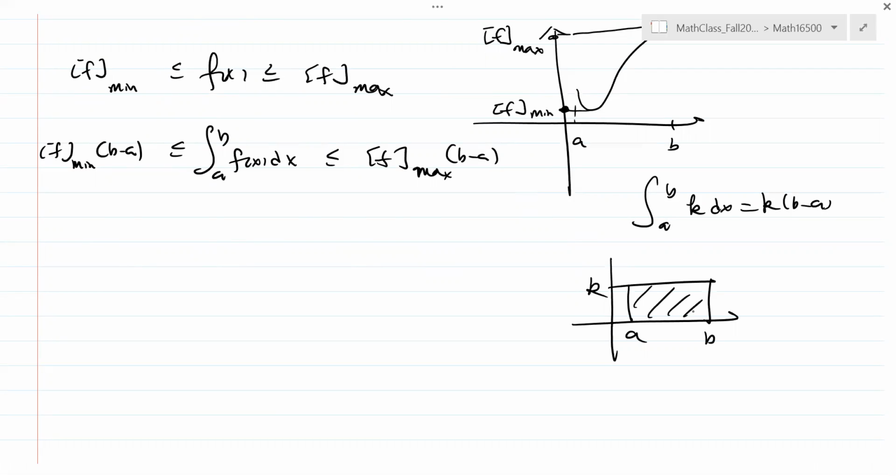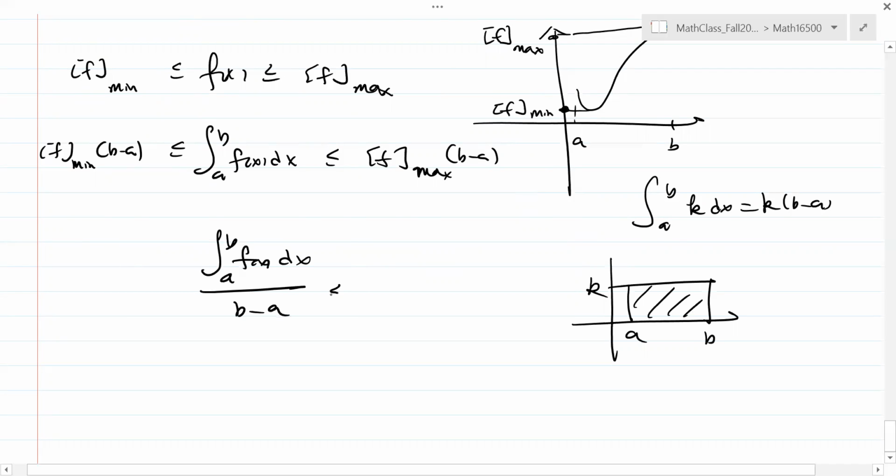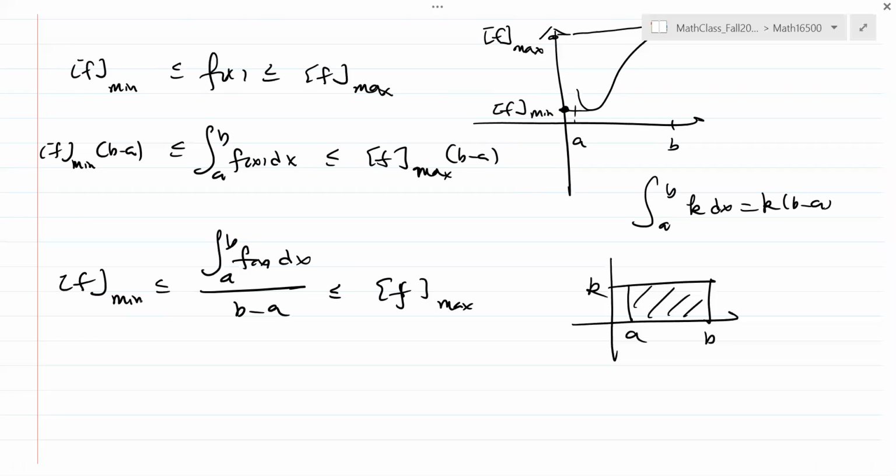All right. So what does that mean? Great. If I divide both sides by b minus a, I get a number between the absolute maximum and the absolute minimum value.